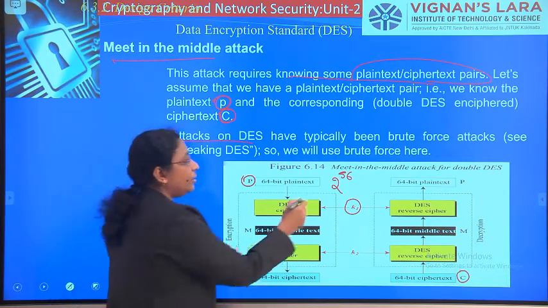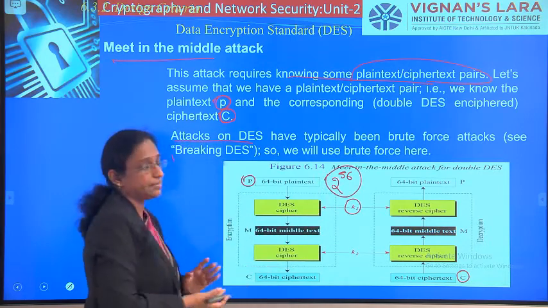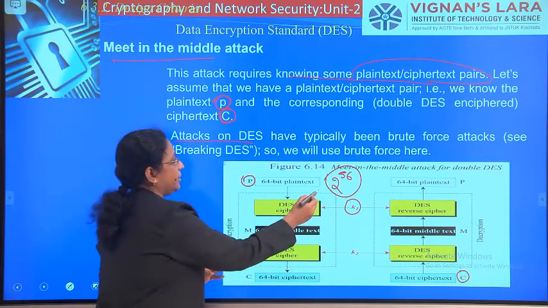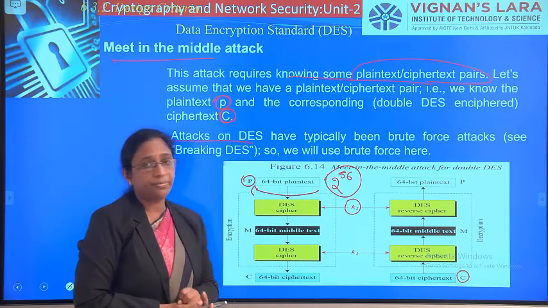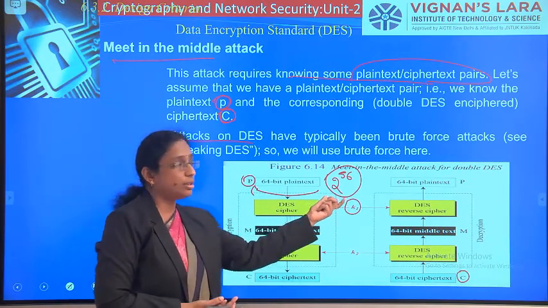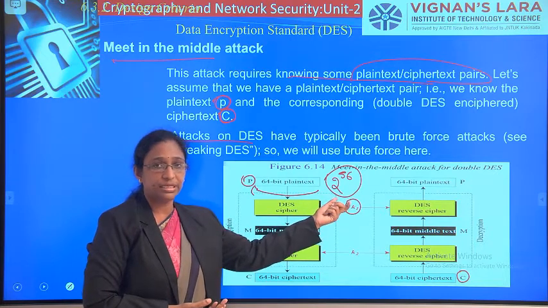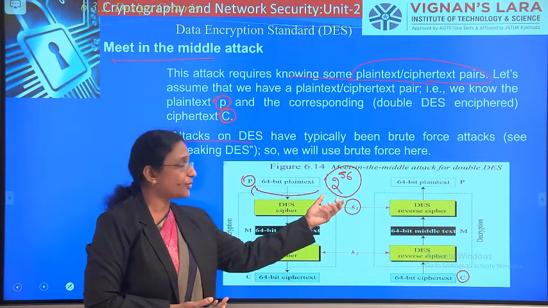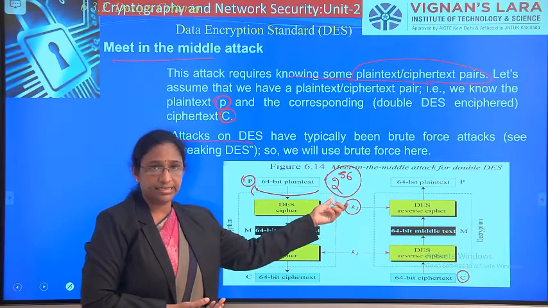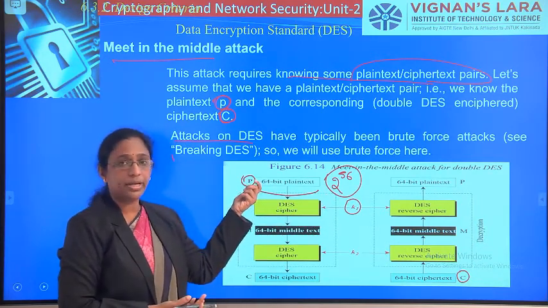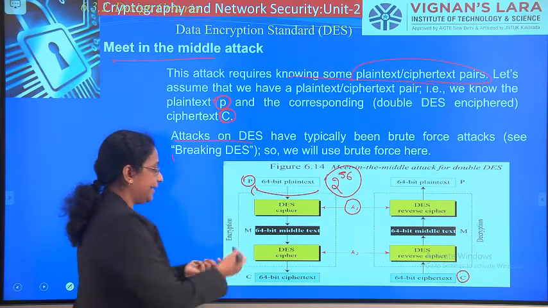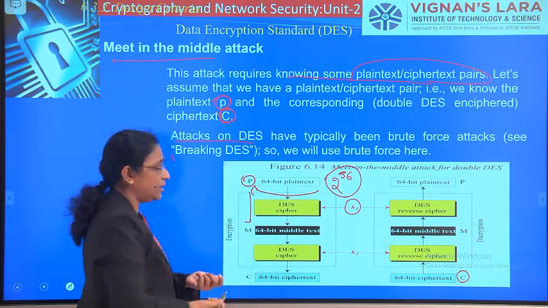With all these keys, he tries to encrypt the plain text, and he moves downward.